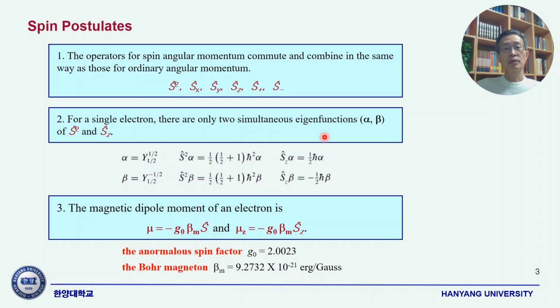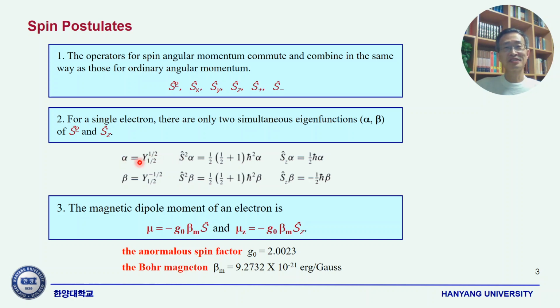And also there are only two states, one called alpha and the other called beta. So there are two simultaneous eigenfunctions of the operators S squared and Sz in particular.